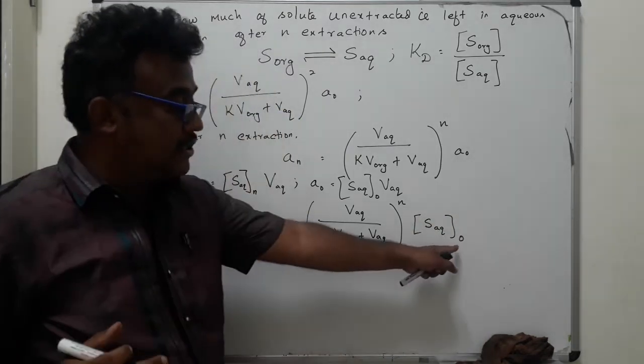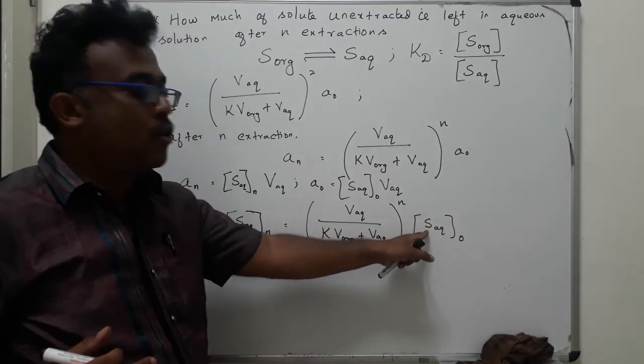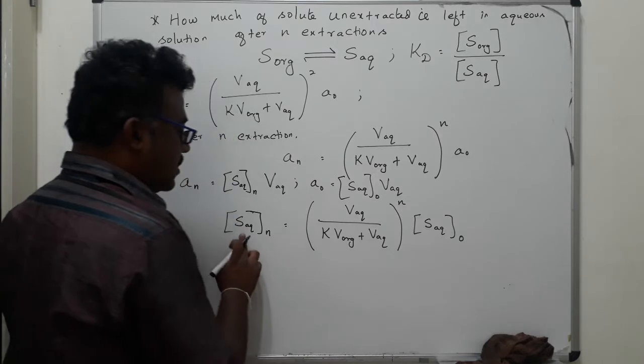Here the subscript 0 means it is not organic, it is the original initial concentration of solute in the aqueous layer. Please try to understand the difference between these two.